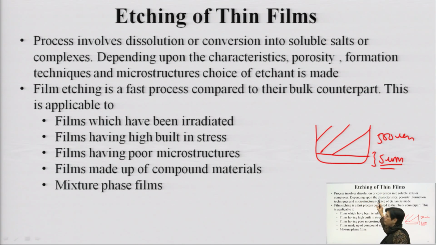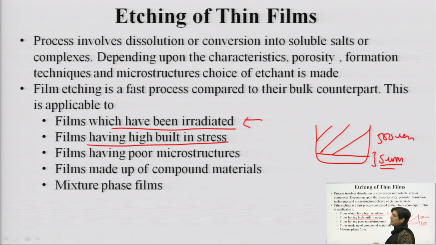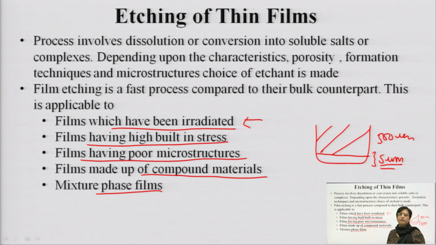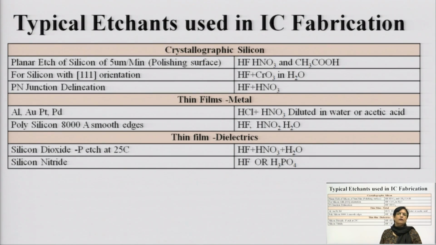The etching process has dependence on different parameters: you can irradiate films or expose them to optical illumination. Then you can have high built-in stress. If the films have high built-in stress, then your etching tendency will be high. If you have poor microstructures, if the films are made up of mixed phase films or alloys, then also the reaction will be different.